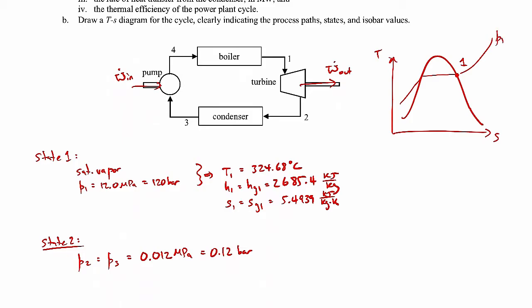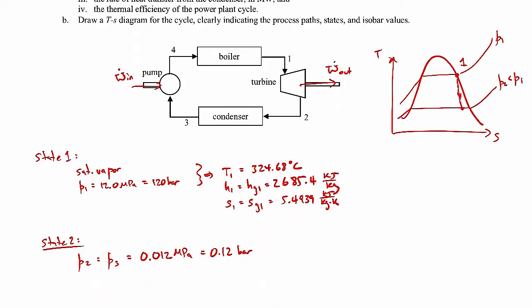Our state 2 was along a different isobar that's less than that. So P2 is less than P1. This is the 0.12 bar isobar. And recall that if we're at a saturated vapor up here at state 1, then state 2 will be a saturated liquid vapor mixture down here.